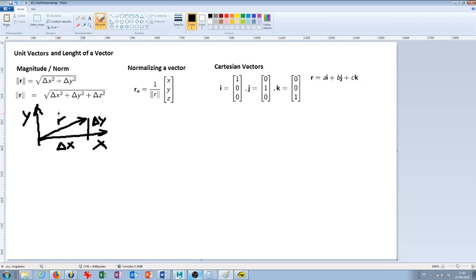So this is the hypotenuse. Okay, and let's work an example here of the magnitude of a vector.